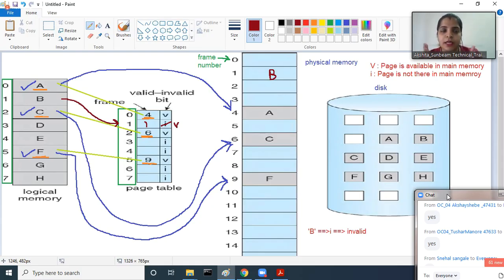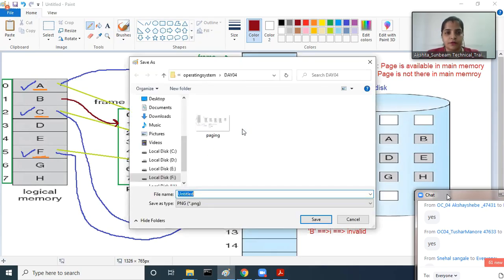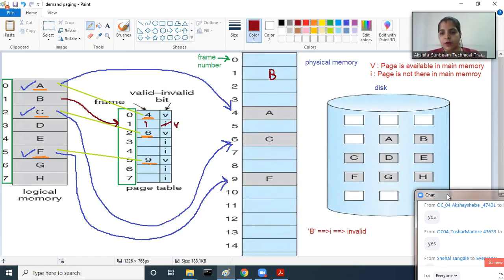Now what has happened? Instead of 7 pages, 4 pages are available in the physical memory. This whole process is called demand paging. As soon as a page is demanded, my OS implements demand paging. That's why we say virtual memory is implemented using the demand paging concept. Have you understood? Demand paging. Everyone.